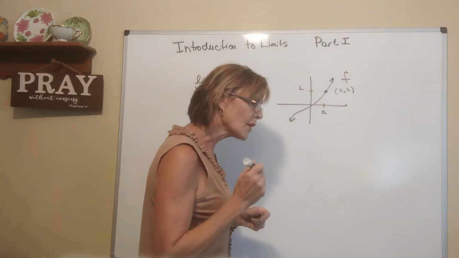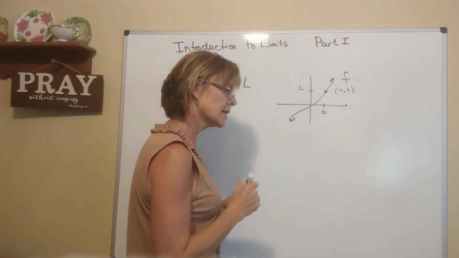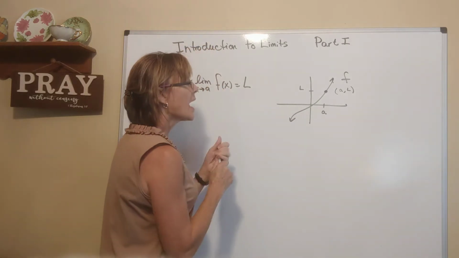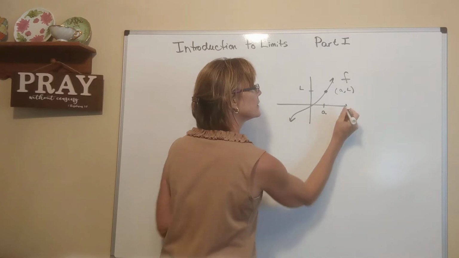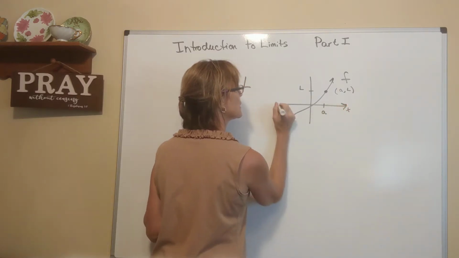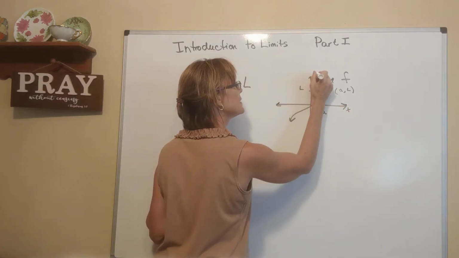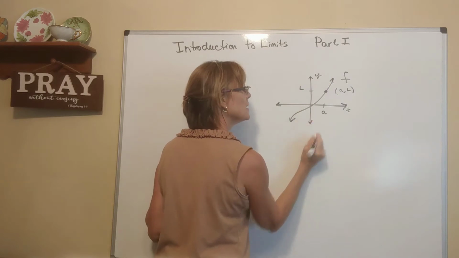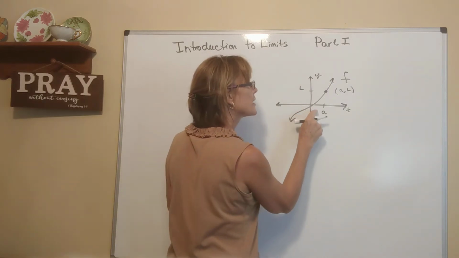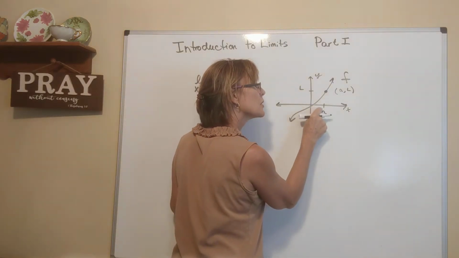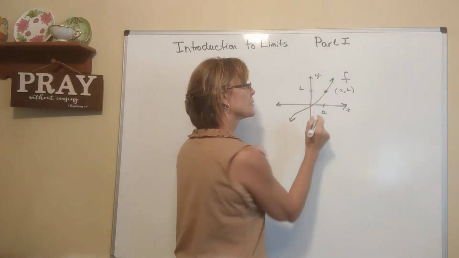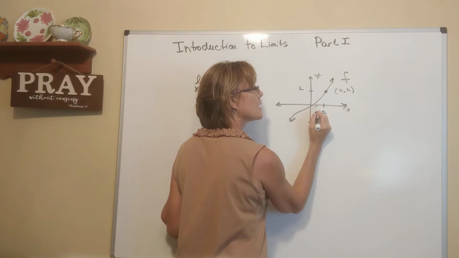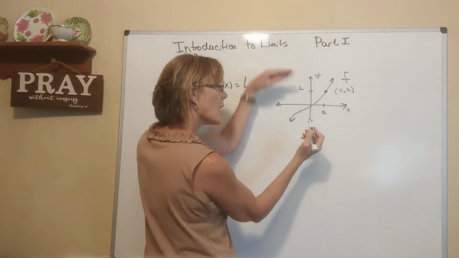So what the limit says is that as we take x values, this is our x-axis right here, and this is our y-axis, okay. As we look at values of x closer and closer to a from the left side of a, just to the left of a, as we sneak up on a, what is happening to the y values?